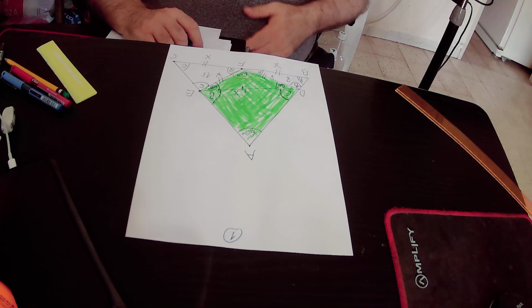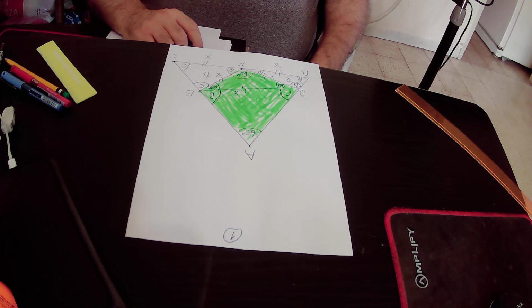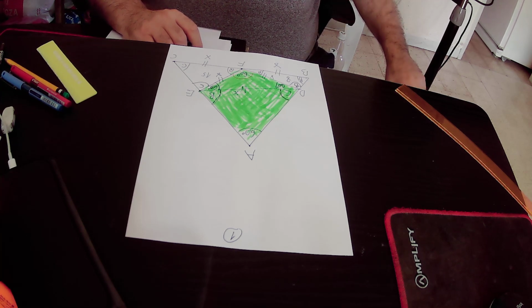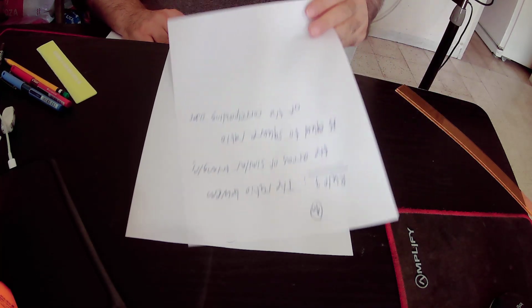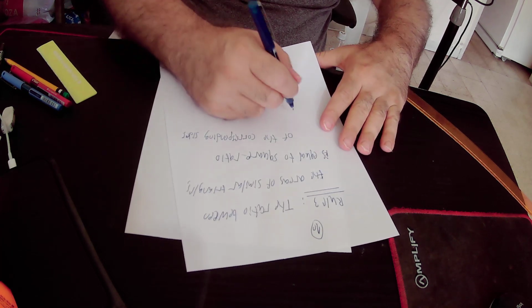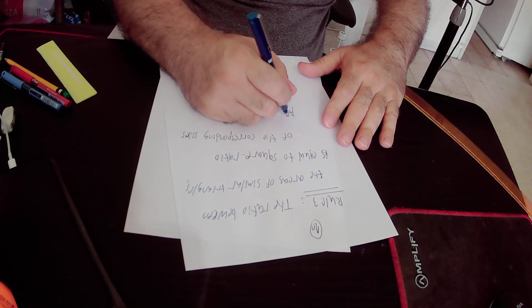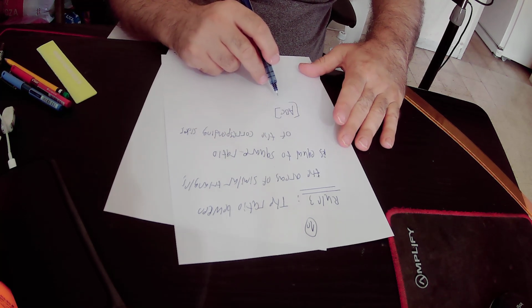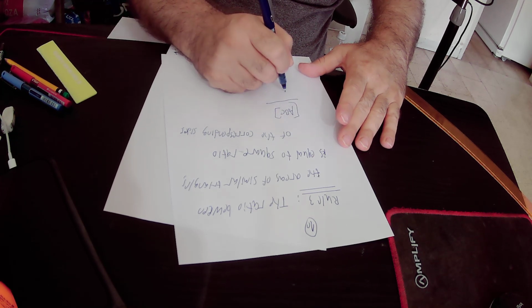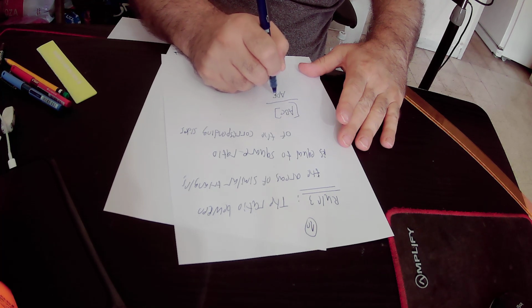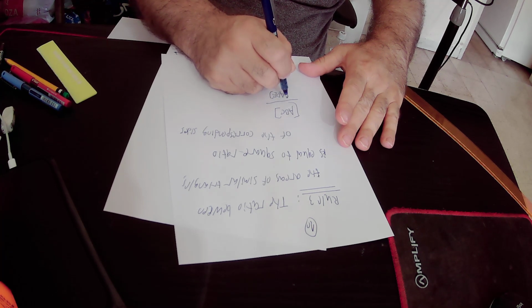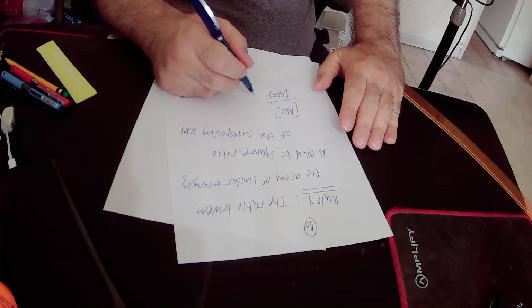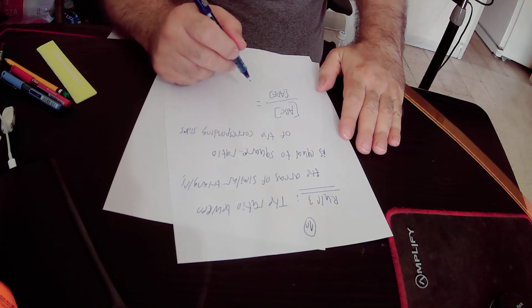Okay, so in our two similar triangles we can implement rule number 3. According to rule number 3, the area of triangle ABC over the area of triangle ADE will be equal to the square ratio of the corresponding sides.